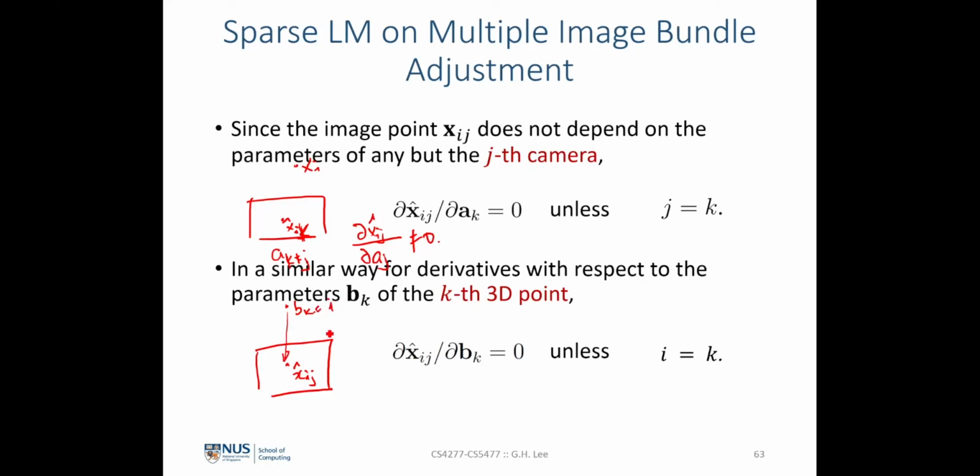What this means is that if I take the partial differentiation of x hat ij with respect to bi, then this in general will not be equal to 0. But if I have a case where k is not equal to i, this particular point will not be reprojected onto this image, where I see the reprojection of x hat ij. In this case, x hat ij will be independent of bk, and this means that the partial differentiation will be equal to 0.